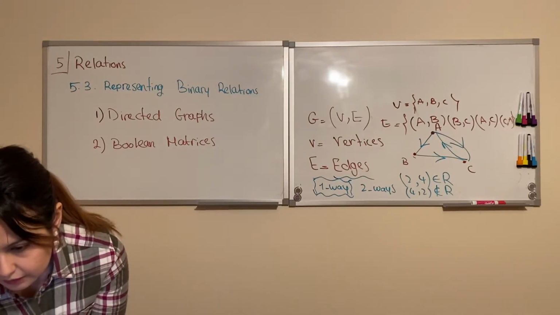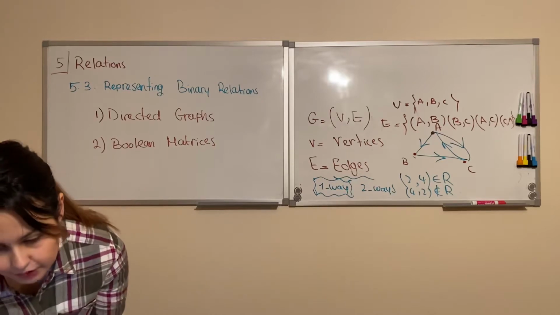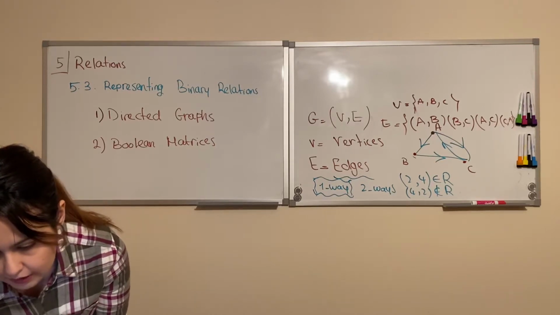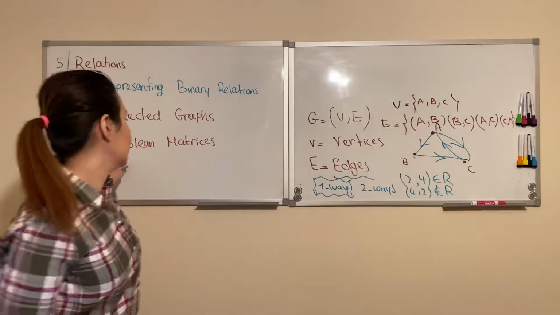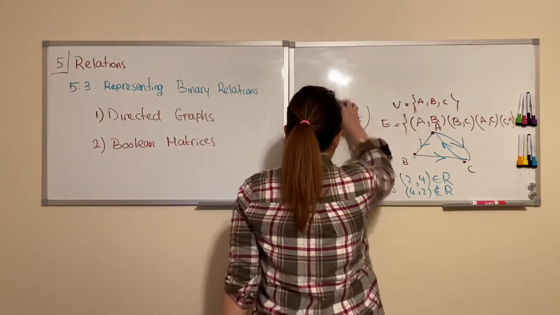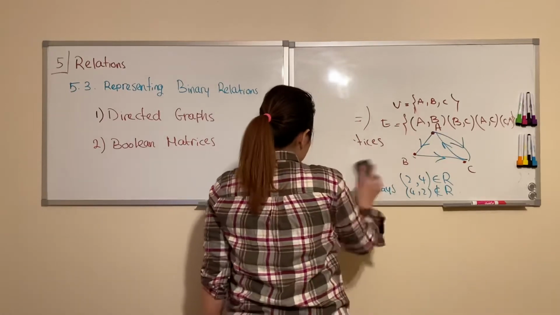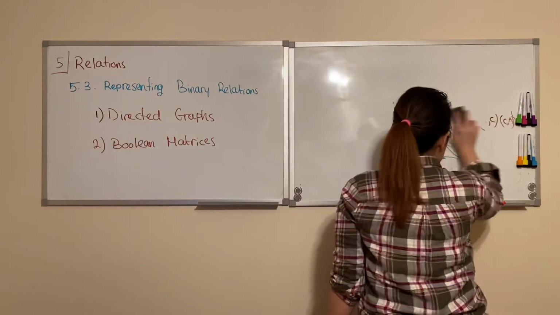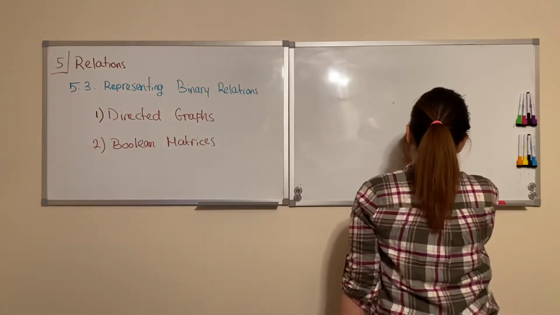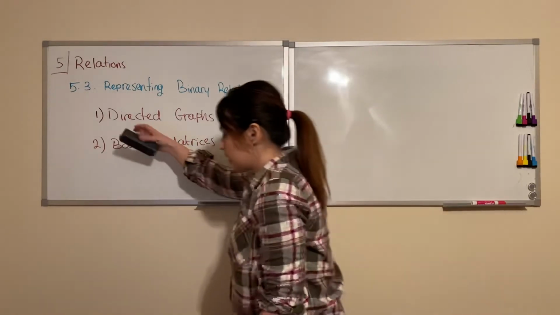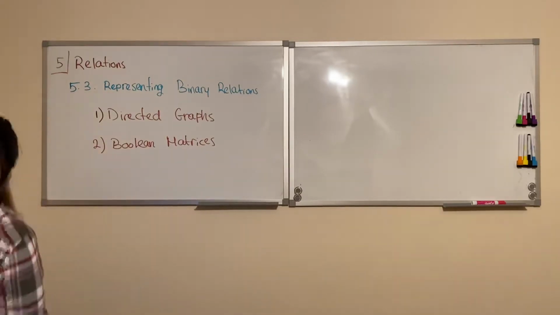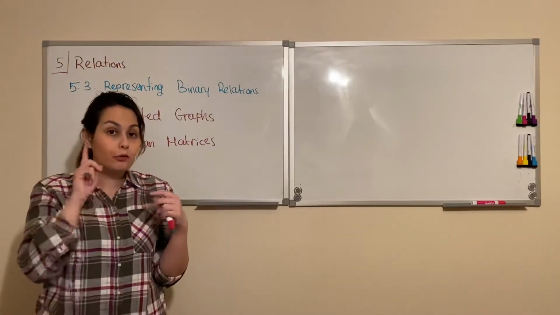Example 7 in the textbook. Not textbook, actually, lecture notes. And then we are going to talk about the second, Boolean matrices. First of all, there is one difference between these two ways of when we use them. We use graphs or directed graphs when our relation is on one set.